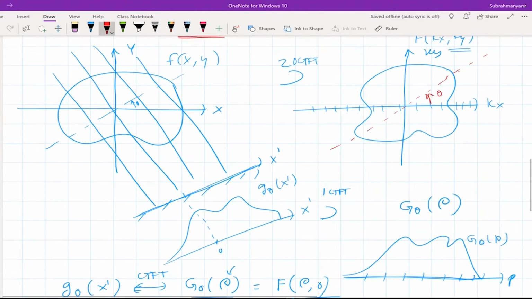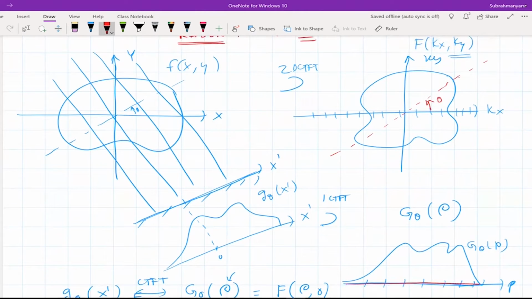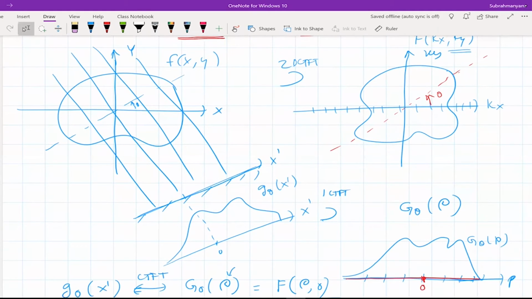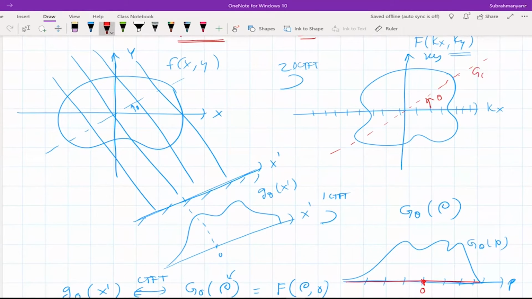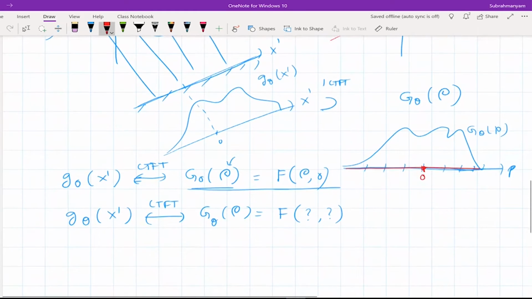This line would correspond to this line, but remember that this would be rotated across this 0. If it is 0, you just need to rotate it by theta here, and that would give you this, right? This would be your G theta of rho here. Now you tell me, what should I write here? F of kx dash comma 0, rho cos theta comma 0.